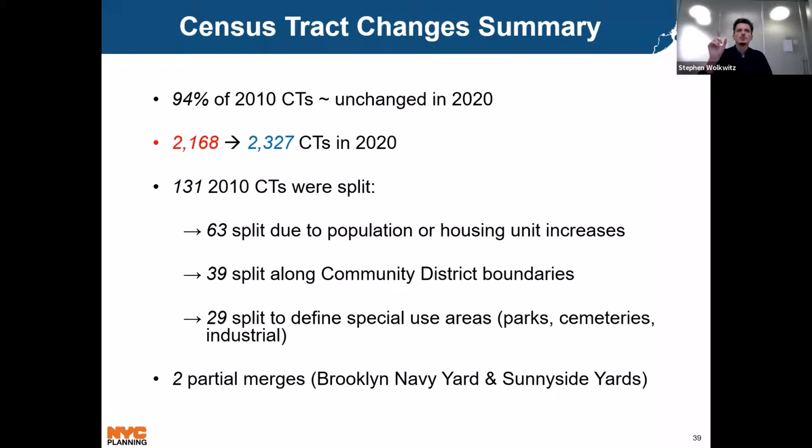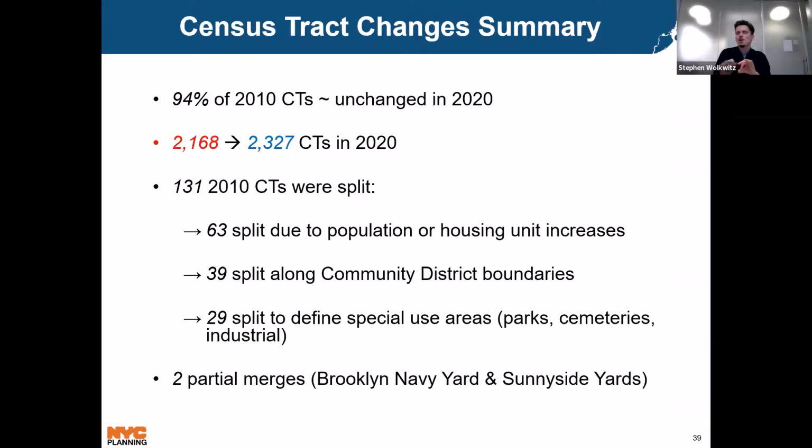Now I said there were no merges due to population changes, but there were two partial split merges, and these both occurred next to special use areas. So next to Brooklyn Navy Yard, next to Sunnyside Yards. And what happened here is both of those tracts contained a small portion where housing construction actually occurred.